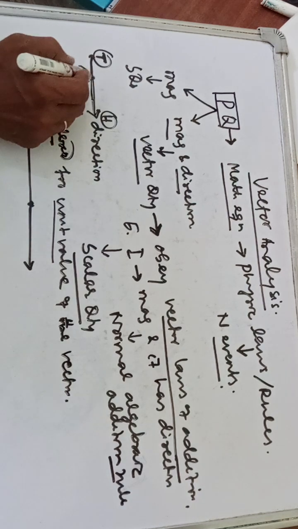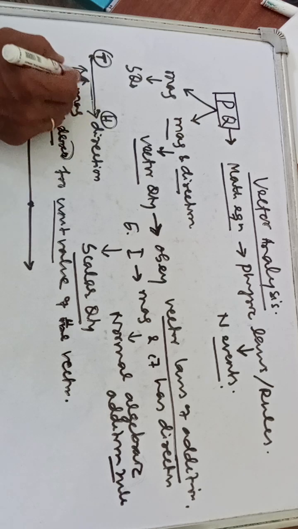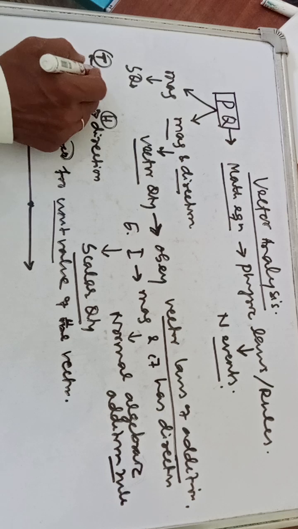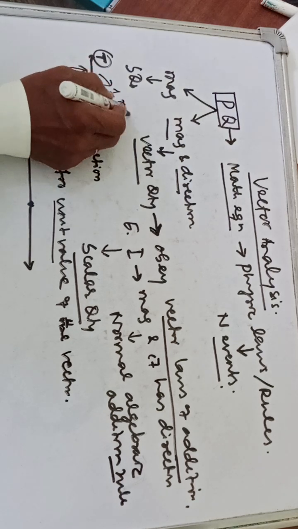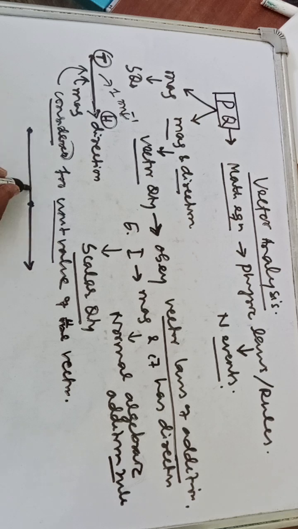If this much length, this size mentioned length, represents 1 meter per second, then double of this length represents 2 meter per second, and 3 times the length, from here to here, will represent 3 meter per second.